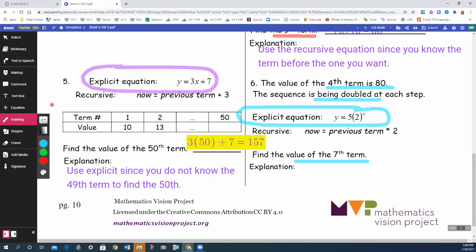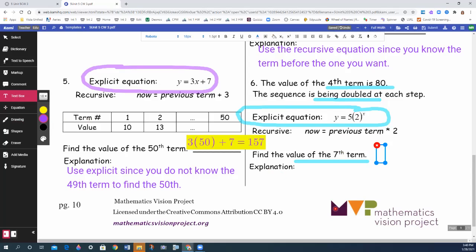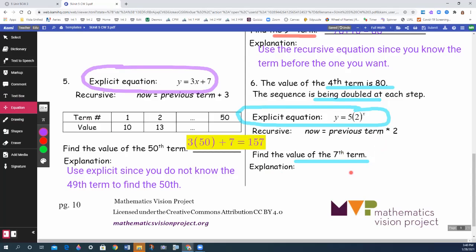Okay. And so to do that, let me just get a math box. Okay, so to do that, I am taking 5 times 2 raised to the power 7 because I want the 7th term. And I put this in my calculator.